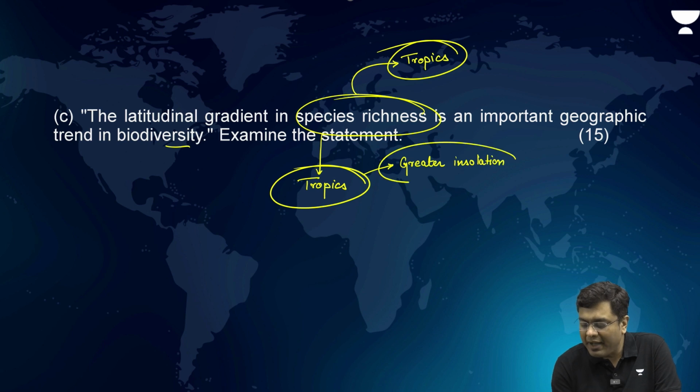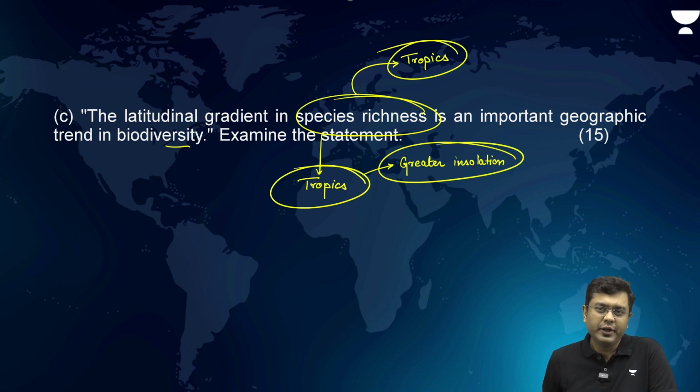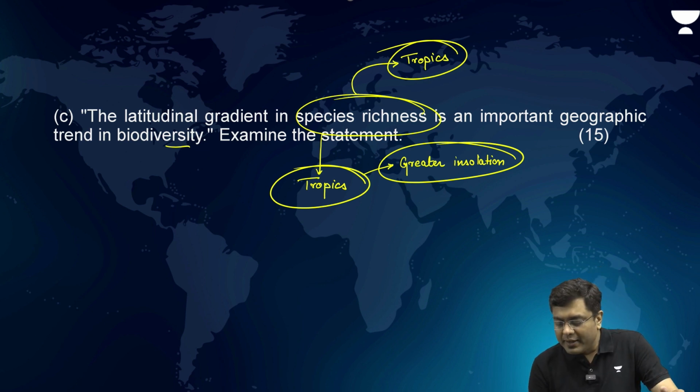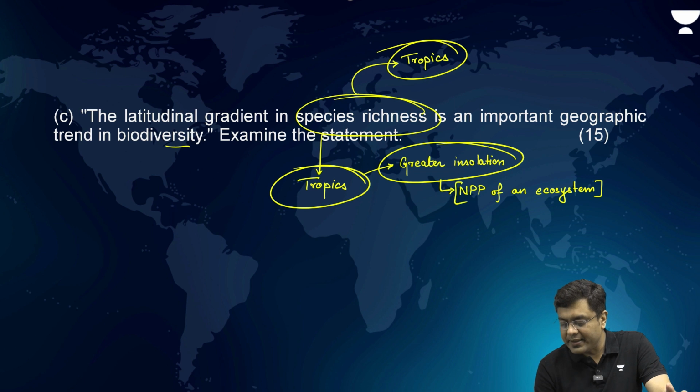When you have a higher amount of insolation, that means the rate of photosynthesis is higher and overall the net primary productivity of an ecosystem is also higher. Okay? That is one factor.